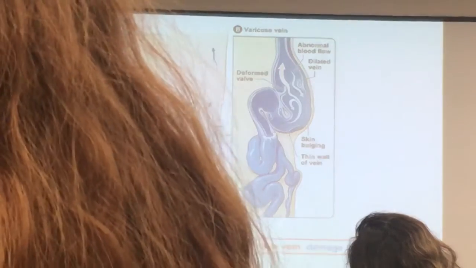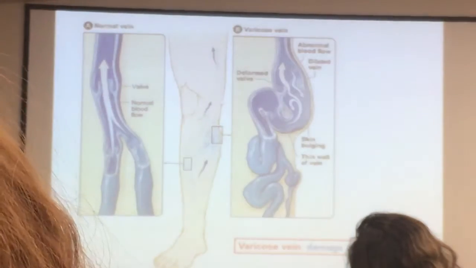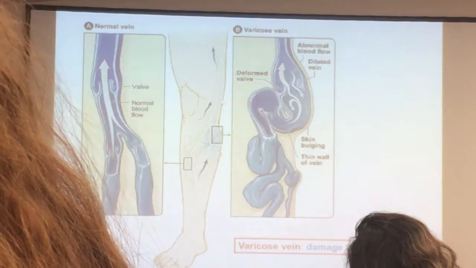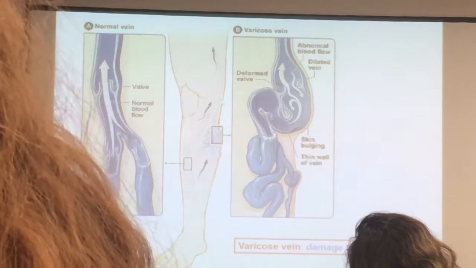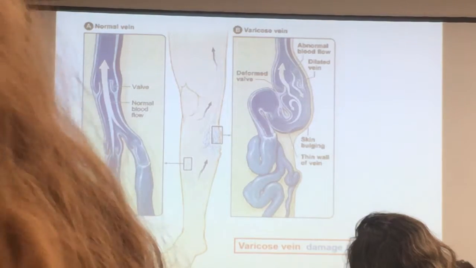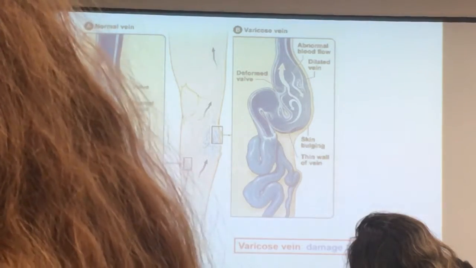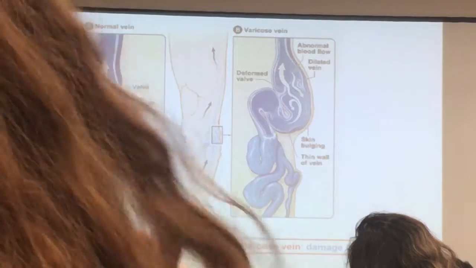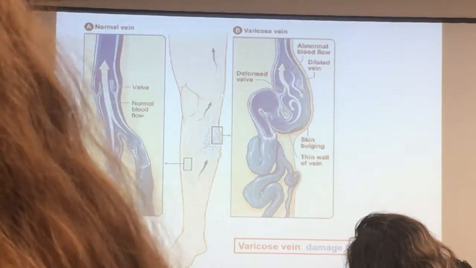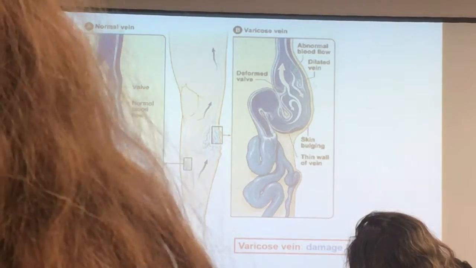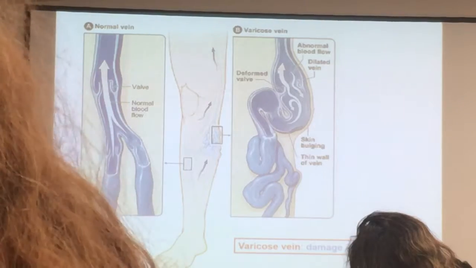And it happens in women when they have a baby, when they are pregnant. The fetus and the body weight suppress the inferior vena cava, and so in the lower limbs, both legs, the blood flow is reduced and accumulates a lot of the time.